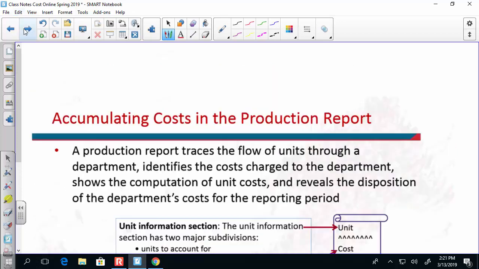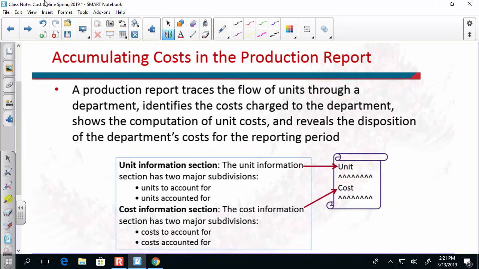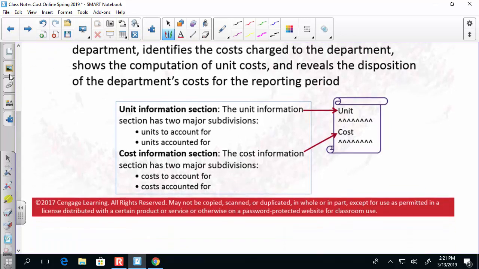We're going to introduce a new terminology here. And you will look at the production report, and this is on page 281. Oh, I'm sorry, this is not in the book. But as you go through the chapter, the production report here is split into 2 halves. The top half is in units, and you'll see the word unit here.